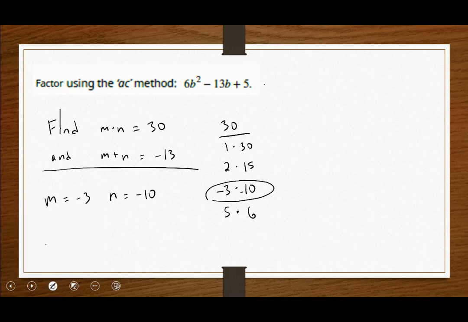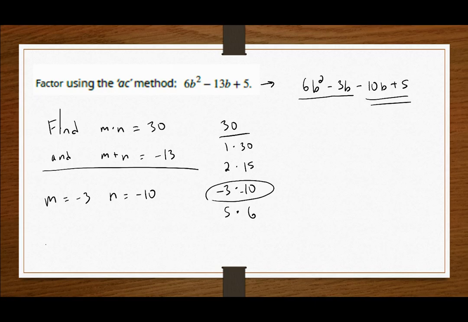So this now becomes 6b squared minus 3b minus 10b plus 5. To factor by grouping, we look at the first two expressions and the last two expressions and identify the GCF. 6b squared and negative 3b. Look at their coefficients. They both have at least a 3 in common, and they both have at least a b in common.